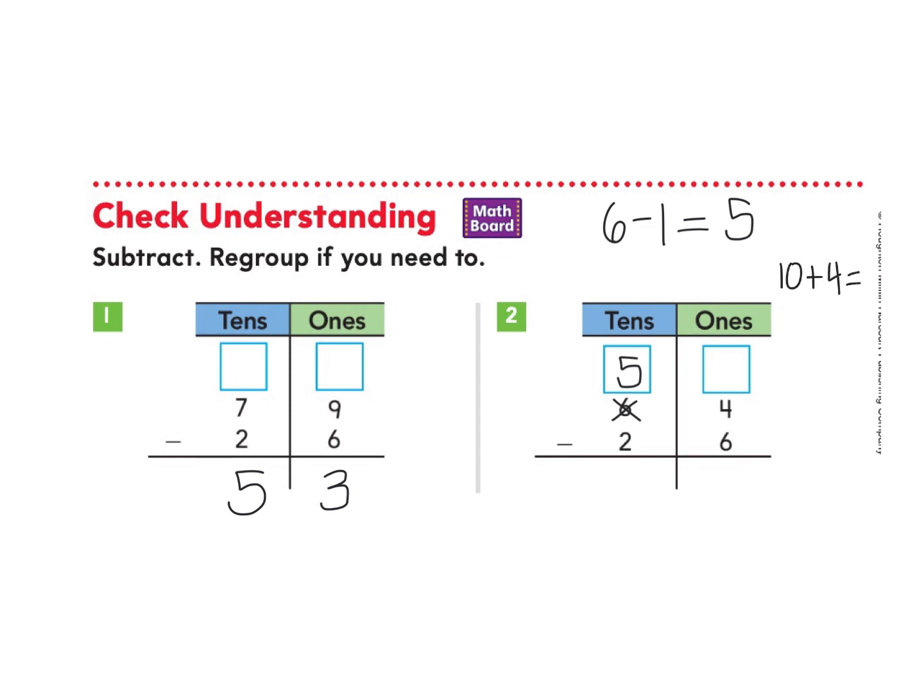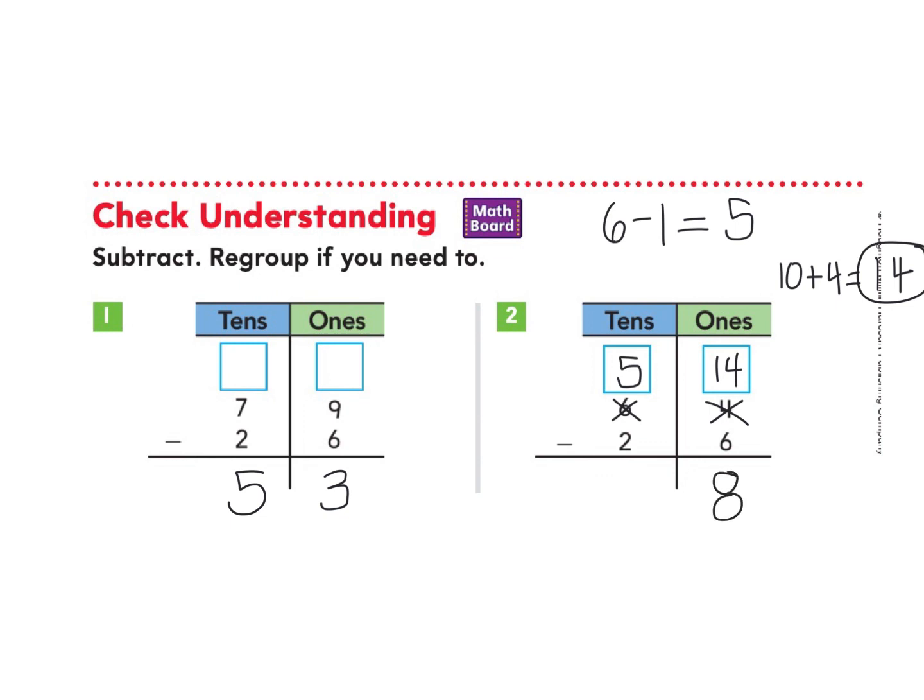And 10 plus 4 makes 14. So we won't have 4 any longer. We will now have 14 ones. Now we can subtract 14 take away 6. You can write the answer in now or pause if you need a little more time to answer that question. 14 take away 6 is 8.